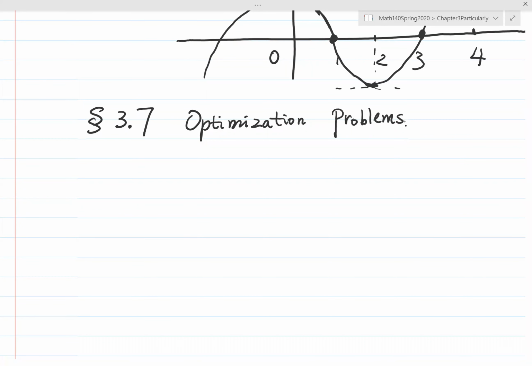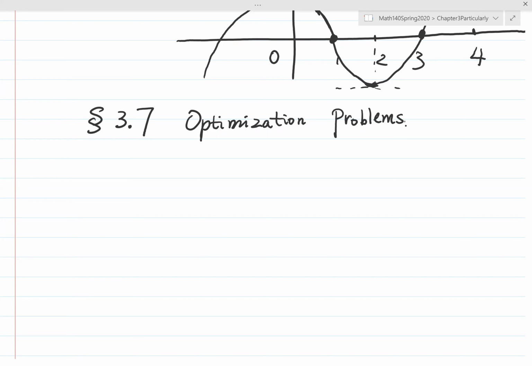Now this section is really important actually. In reality, we need to make the best possible choice from all the information that we have. For instance, if you do business, you want to maximize your profit and also minimize the risk.